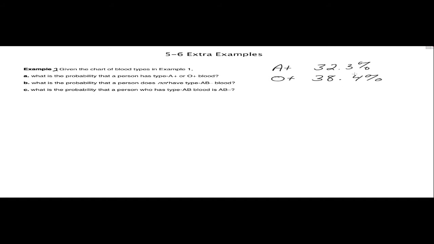And I'm going to take these results, and since I've got percentages, the probability of A, if I rewrite this as a decimal, is 0.323, or 32 out of 100, or a little over 32 out of 100.